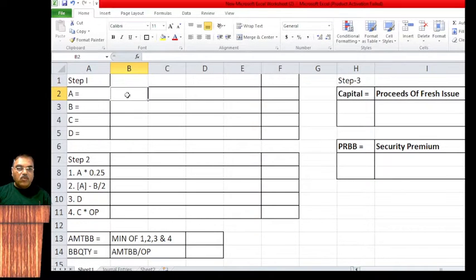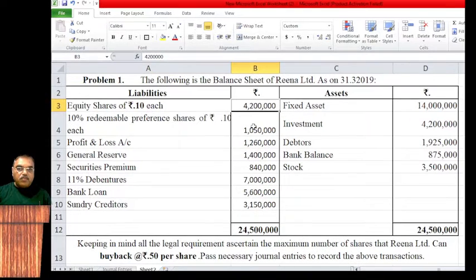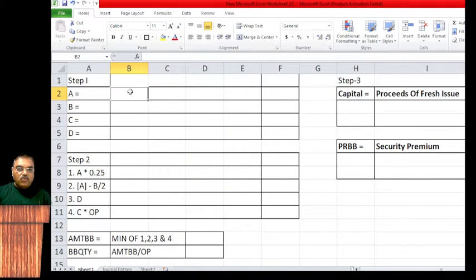Now how to calculate the A part? A part is the total of equity share capital plus preference share capital plus all free reserves plus security premium. That means here we have to calculate. I will calculate over here.